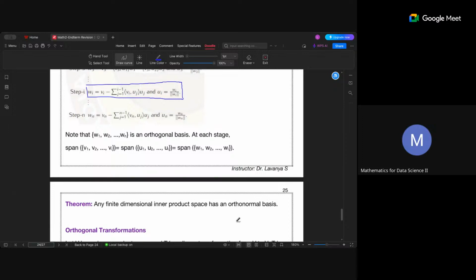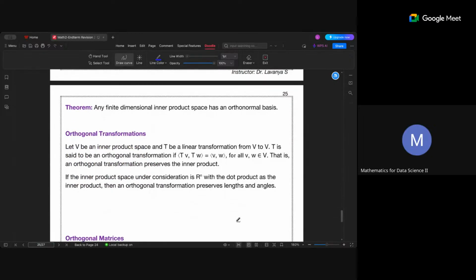Okay, fine. So this formula you need to remember, and you already know that any finite dimensional inner product space has an orthonormal basis. So what are orthogonal transformations?